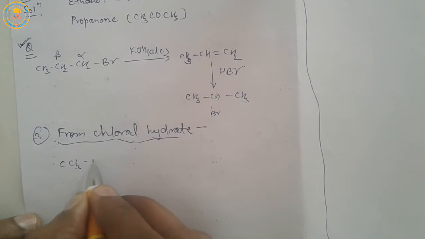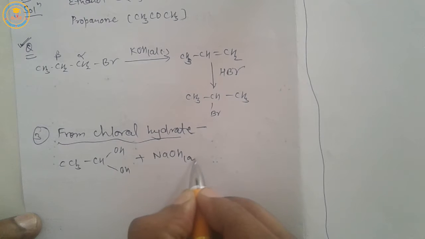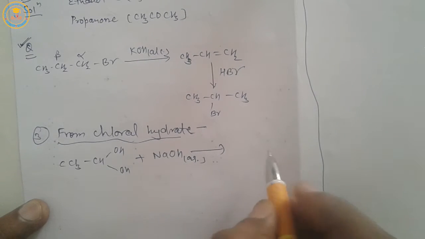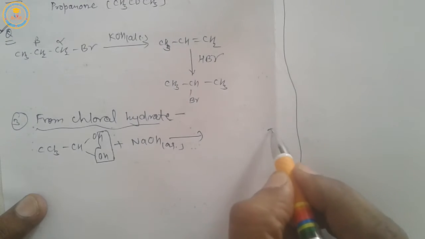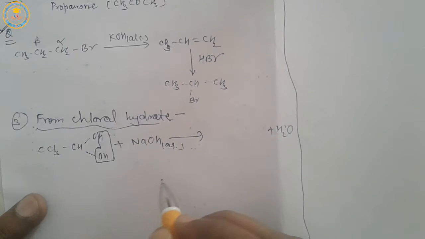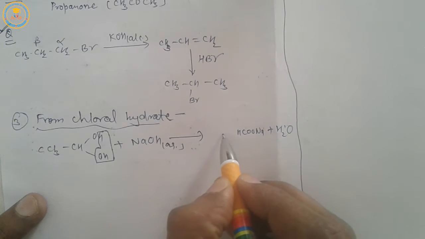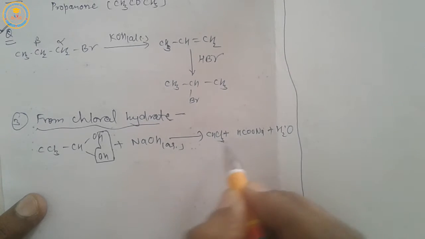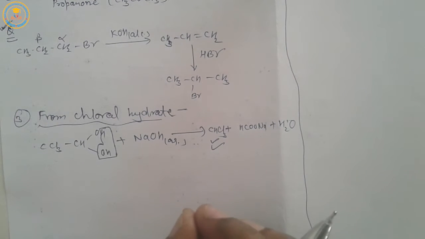So, the chloral hydrate molecule is treated with aqueous NaOH, after hydrolysis one molecule of water and one molecule of sodium formate are removed, then pure chloroform is obtained here.